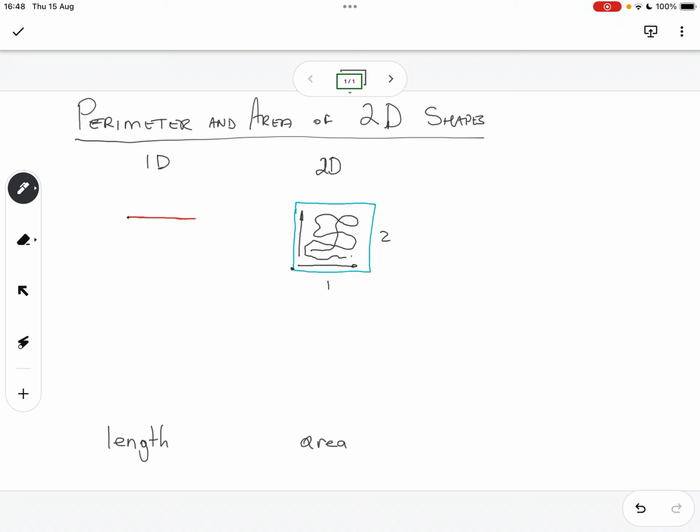Just before I carry on, when you think of area, the space on your page, that's an area. It has a long side and a wide side. The floor on which you walk, the floor in this room, that's an area. It's a floor area. The wall also has an area, it's just on a different plane. Right? This wall behind us also has an area.